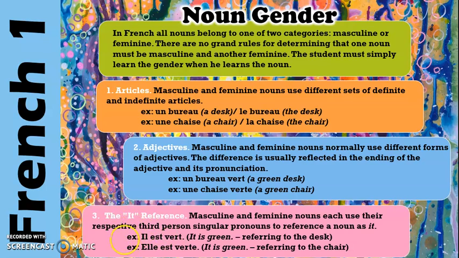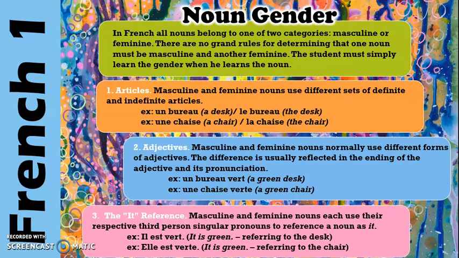Likewise, we're talking about a chair, and you don't want to keep using the word chair, so at some point you're going to say it. And let's say we come to a point where you say, it is green or it's green. Well, in French, the word for it is going to be elle, which normally means she, because the chair is feminine.